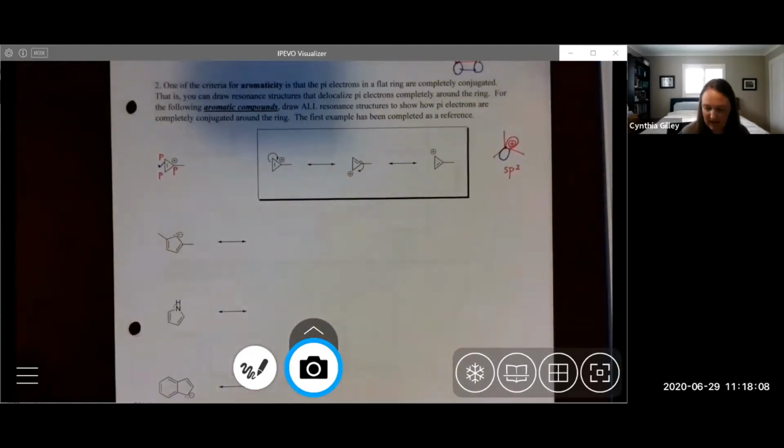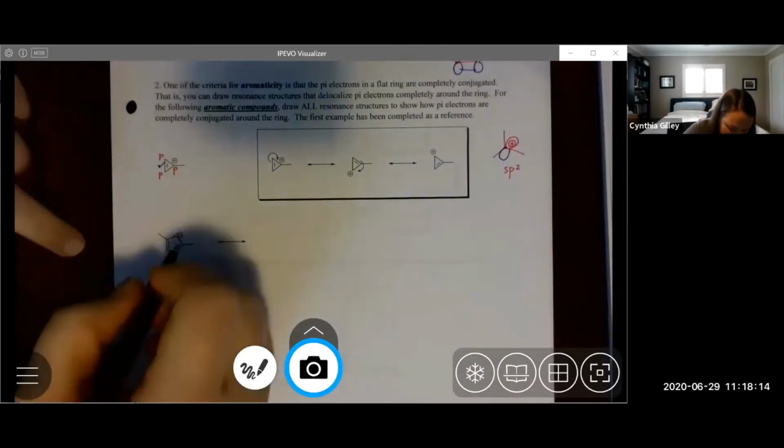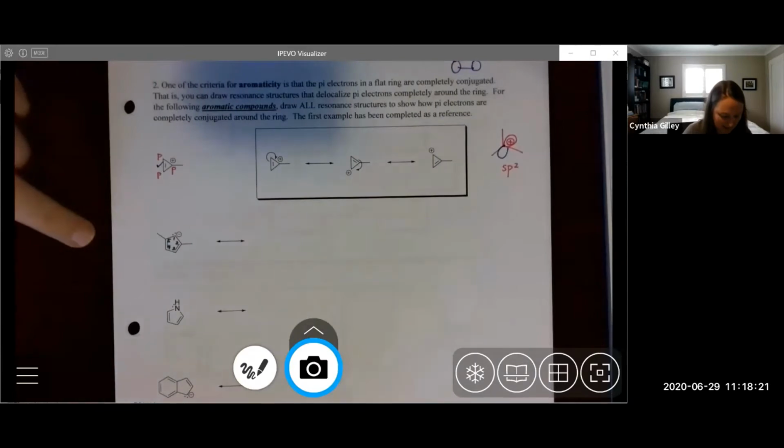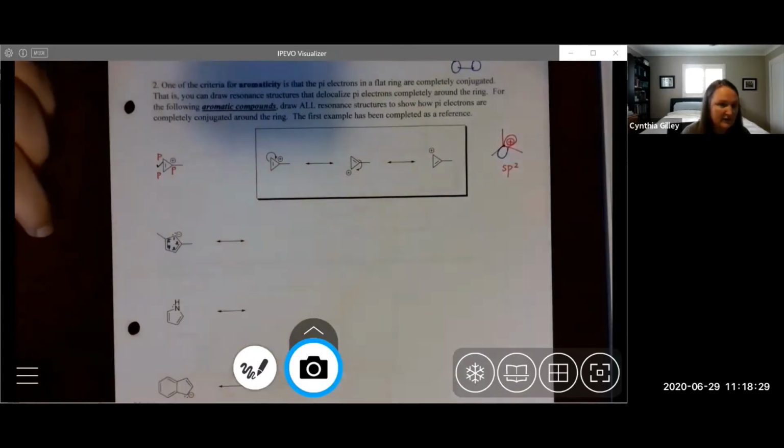One way to help with figuring out if you've gotten it to every position in the ring is to number the positions in the ring. It's really small, I know, but basically I numbered 1 to 5. If I consistently draw it exactly as it looks here, with the numbering, then I'll figure out if I've gotten to all the different positions.